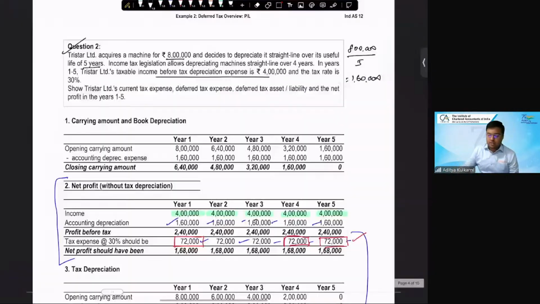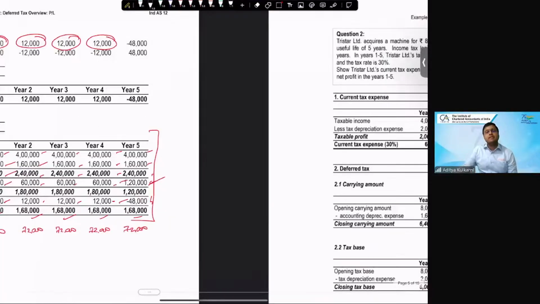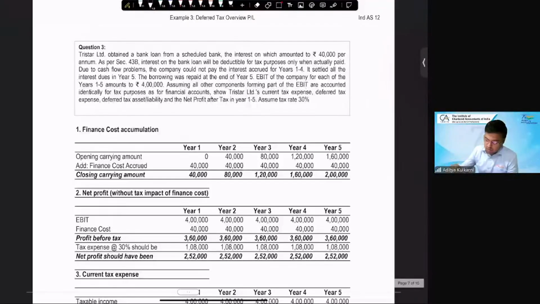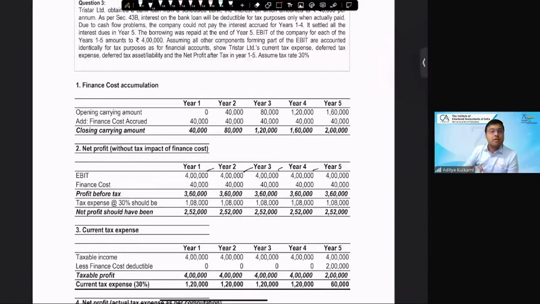Okay. So same question, only thing is, here the case is different. Instead of depreciation, we are looking at an expense which is allowed only on payment basis. So we start off with 4 lakhs per annum.